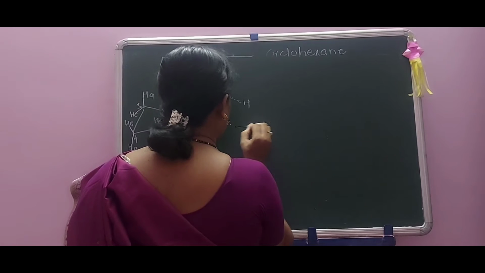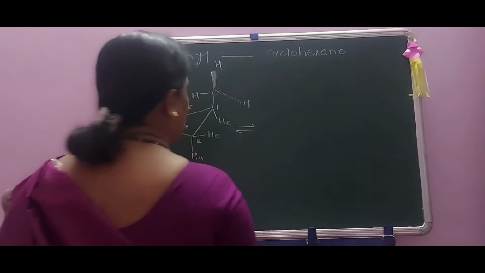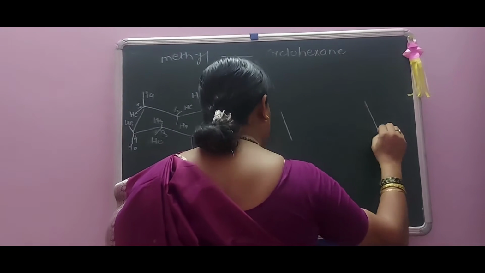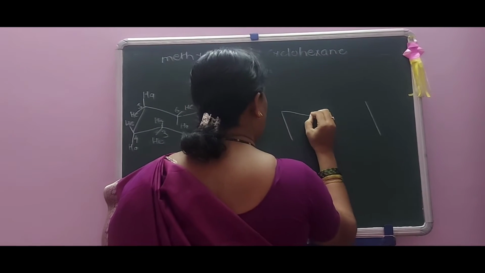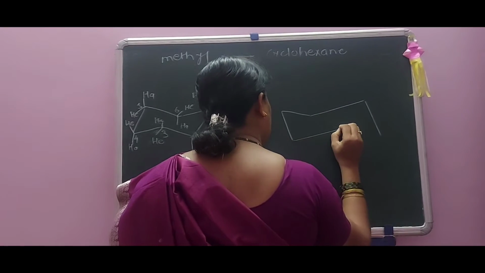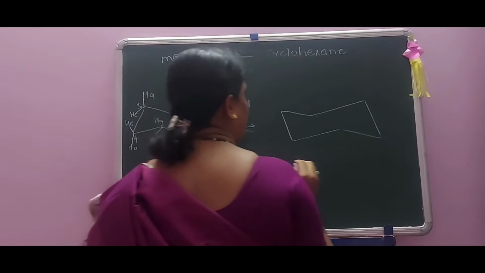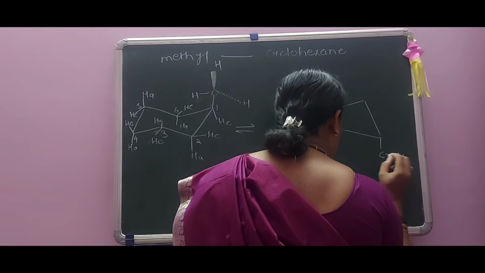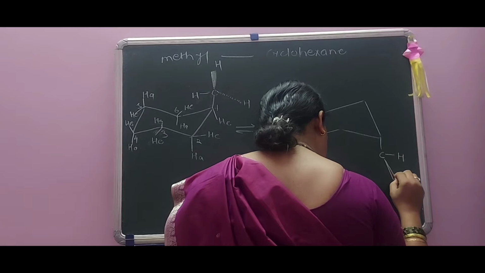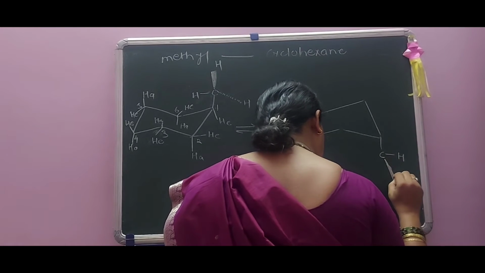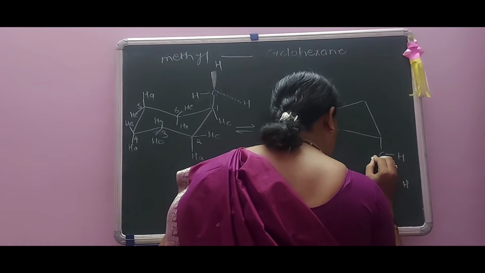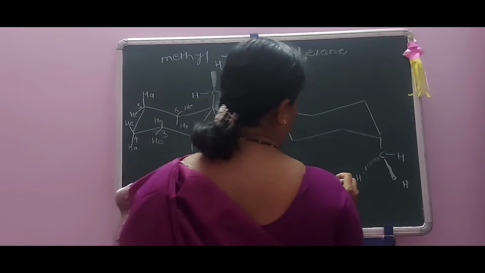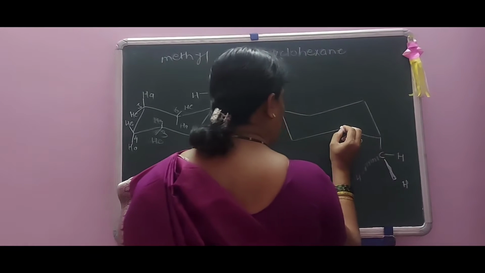Now the first format is shown here, and these formats also exist in the chair form. Here on this carbon there is H, and here also this type of H. Now what about here?